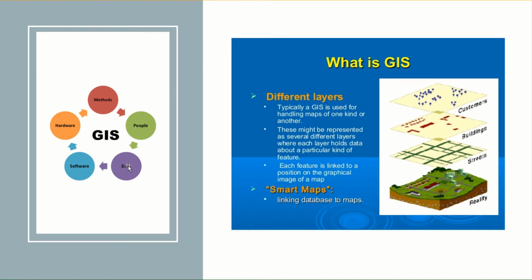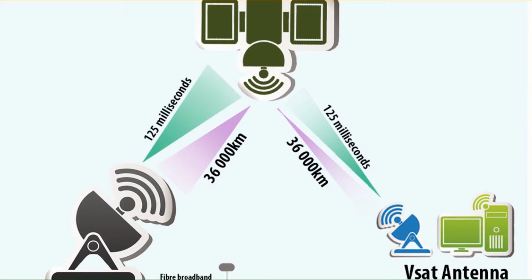Now we know that the information is stored in the satellite. But we need input in order to filter that information so it can display on your device or the GIS system.